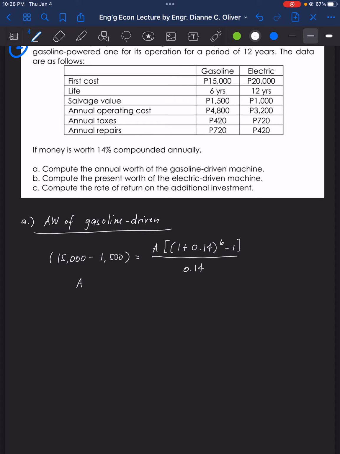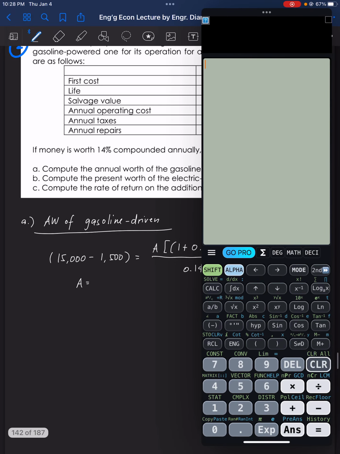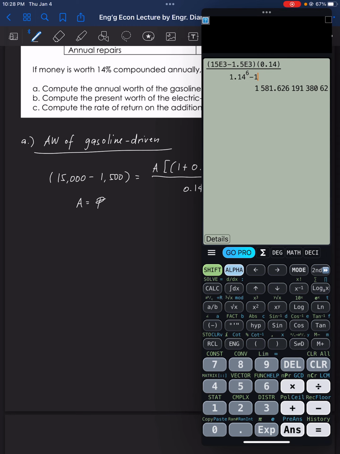So what's the depreciation value? 1,581.63.